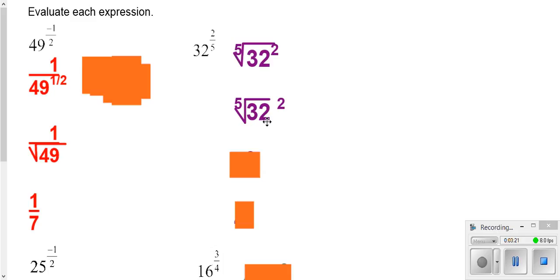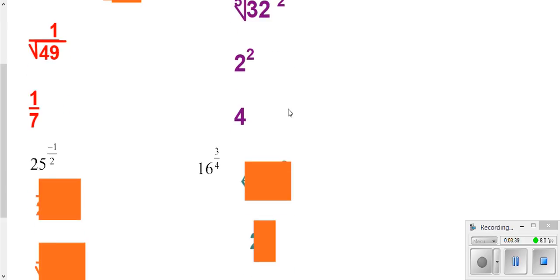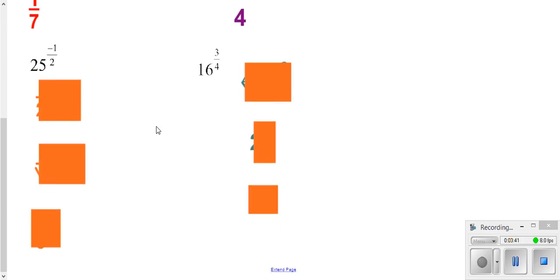Well, that I can do because I know the 5th root of 32 is just 2. But then I still have to do the squaring. Oh, well, 2 squared, that's easy to do off the top of my head. So many times it's going to be easier to apply the root first before you do the exponent, because you're dealing with smaller numbers, you can do them in your head.